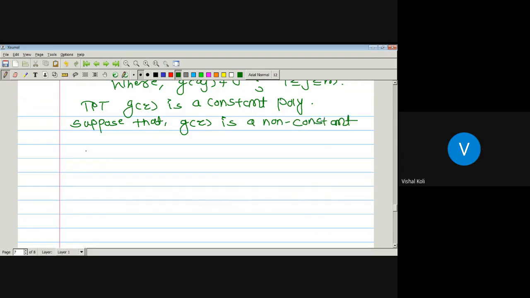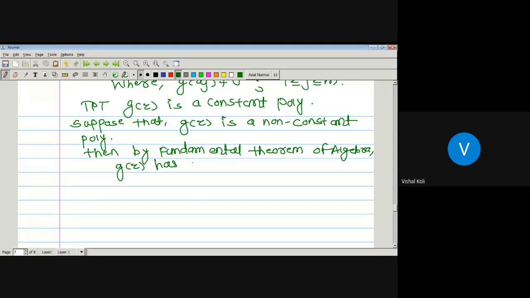As g of z is a non-constant polynomial, then by the fundamental theorem of algebra, g of z must have a root in C. That is, there is a complex number a such that g of a will be equal to 0.